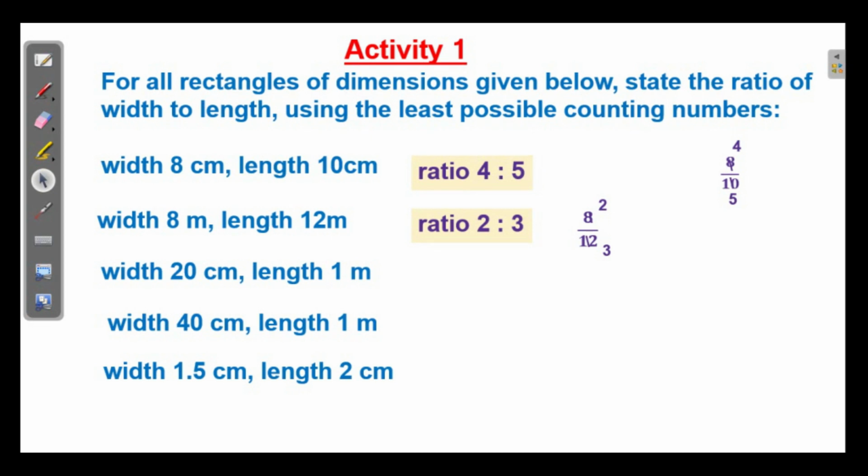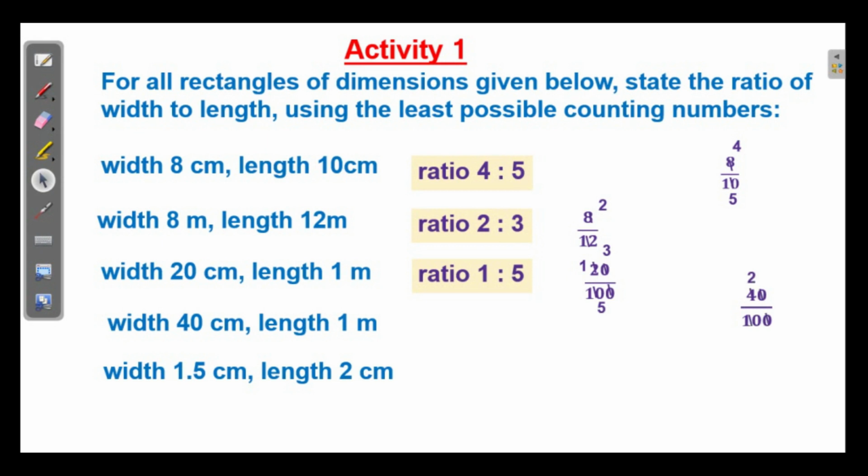20 centimeter and 1 meter. 1 meter, we have to change it into centimeter. Both the quantities must be in the same unit. So 20 by 100, it is equal to 1 by 5 or 1:5. 40 and 1 meter, again 100 centimeter.